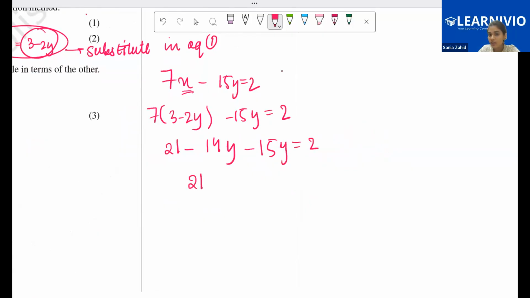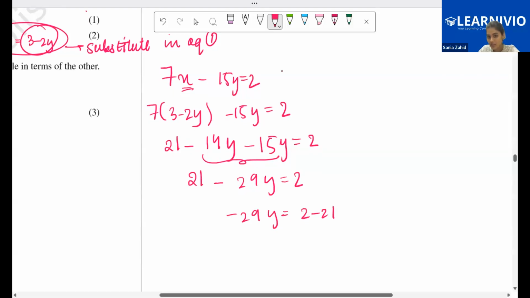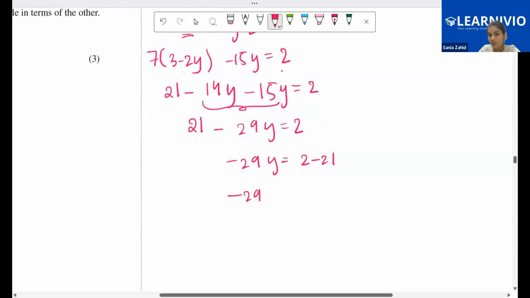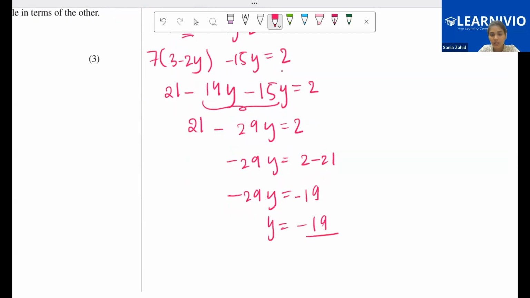So this becomes 21 minus 29y is equal to 2. So minus 29y is equal to 2 minus 21. What is 2 minus 21? Minus 19. So now y is equal to minus 19 by minus 29.